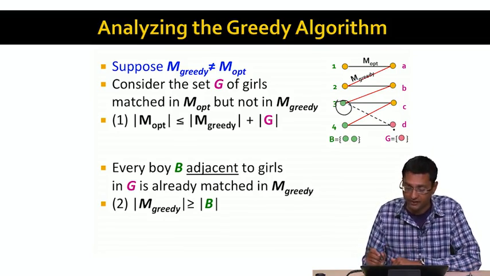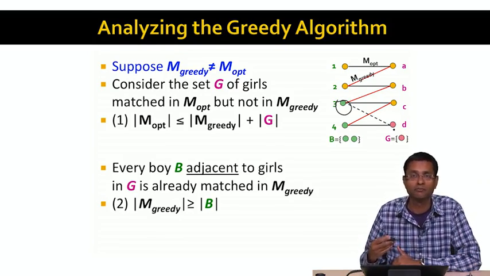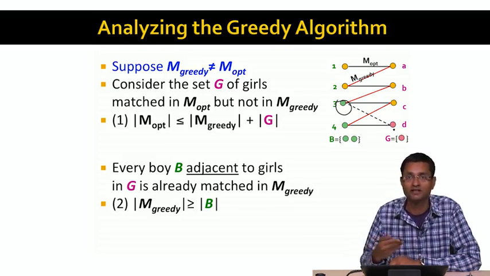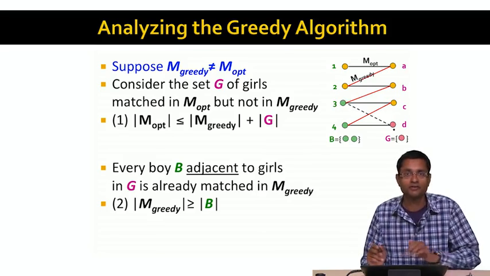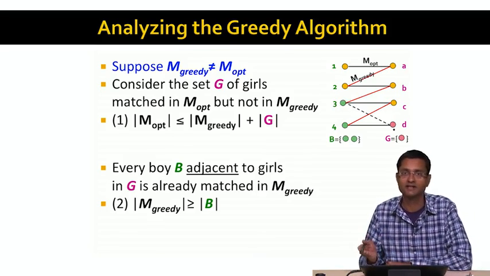Because the greedy algorithm did not pair the girls in G with any boy at all, the only reason must be that every boy B that was eligible to be matched with the girl in G was already matched, and therefore you couldn't output that boy. It follows that every boy B that's adjacent to girls G is already matched in M greedy.